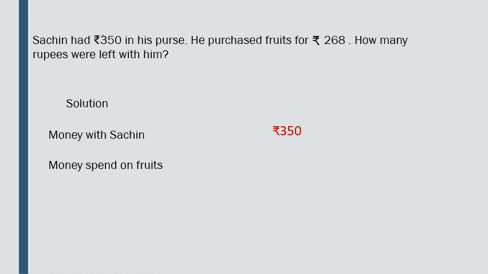Money spent on fruits is 268. Money left is equal to 350 minus 268 and we will get the answer 82 rupees. It means Sachin had 82 rupees left.